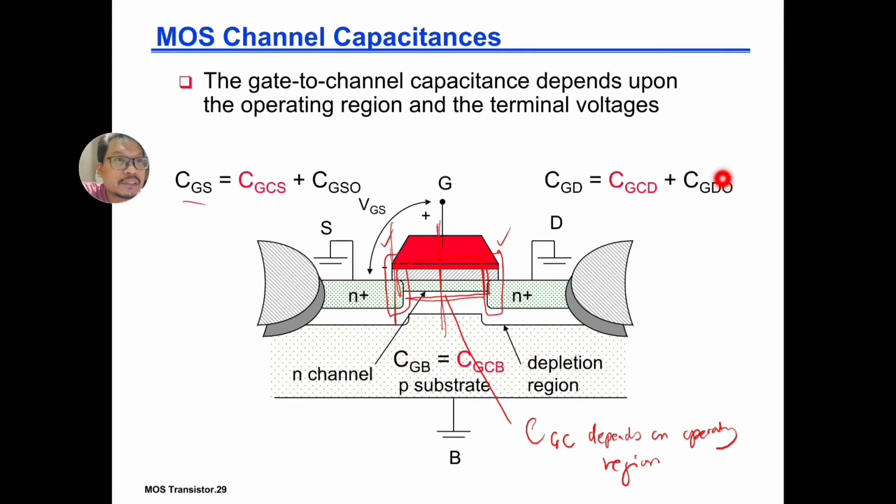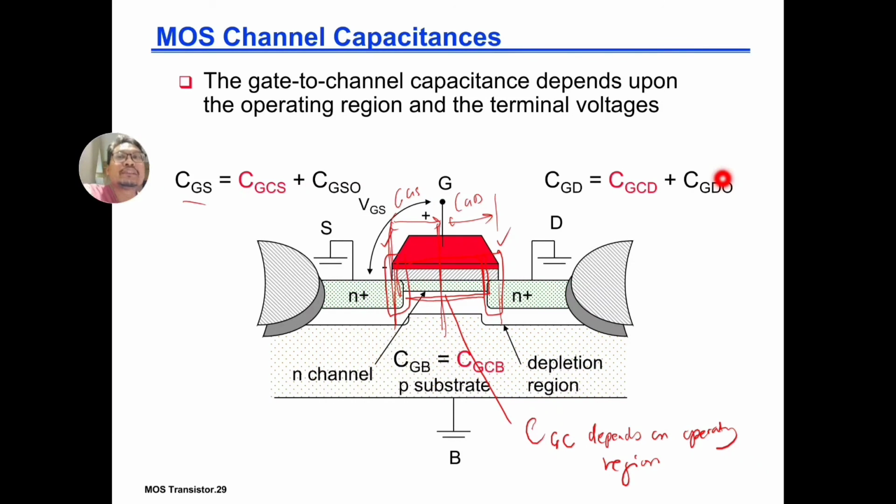C gate to source is here, and this part is C gate to drain. C gate to source is the overlap plus the channel capacitance, and C gate to drain is the drain overlap plus the channel capacitance.